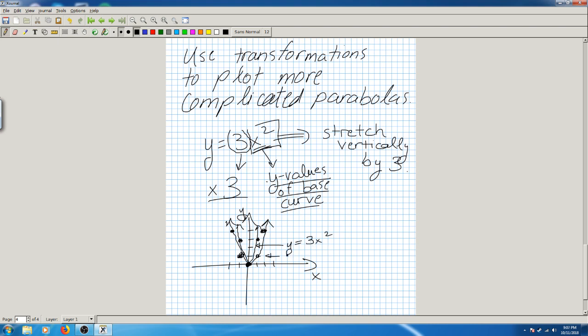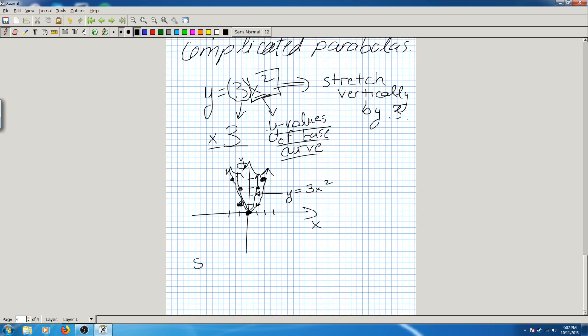So that's how we apply transformations. Step 1 to applying transformations is to draw the base curve first. Step 2 is to apply the transformation and plot.